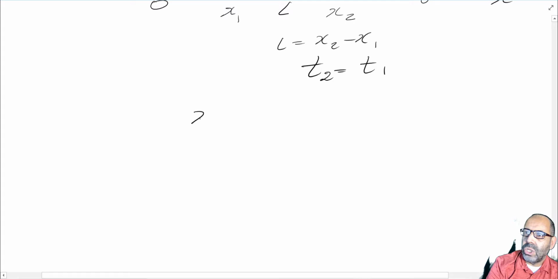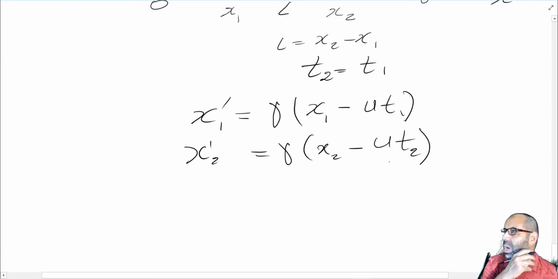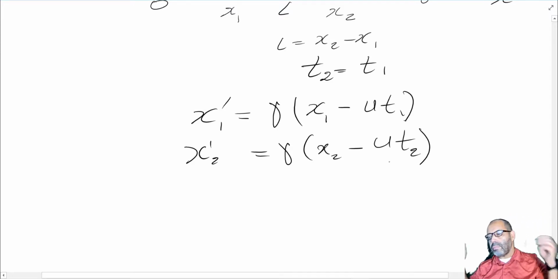We know that x1 will transform to x1 prime given by gamma times (x1 minus u t1), and then x2 prime will be simply equal to gamma times (x2 minus u t2). That's basically how we end up with this expression.